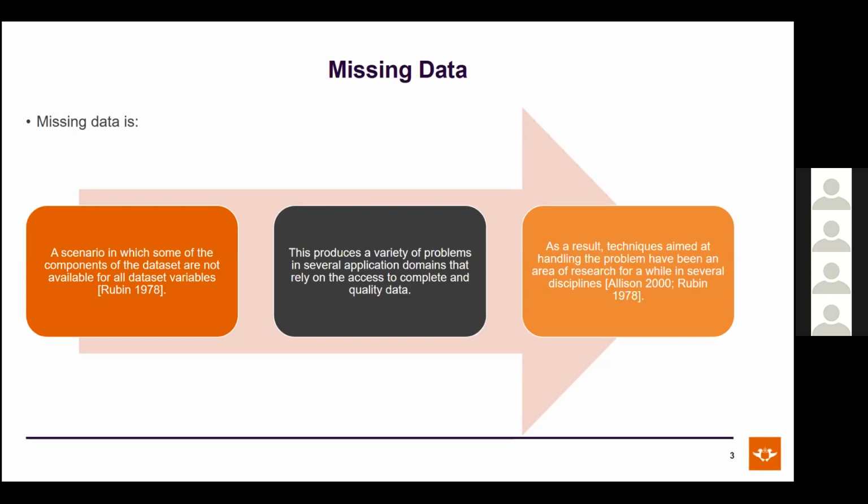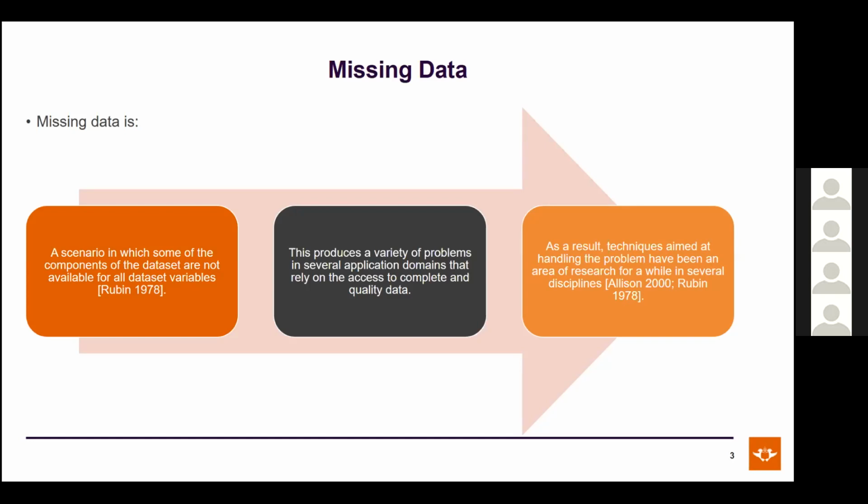So if we're doing a loan application or credit card approval, and some information is missing, for example, everything was provided except your monthly income and monthly expenses.